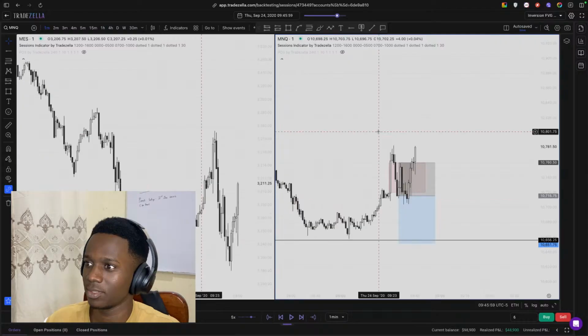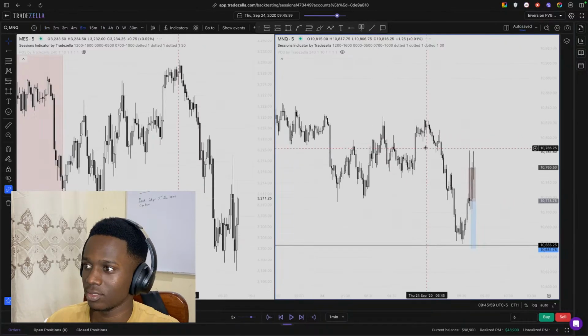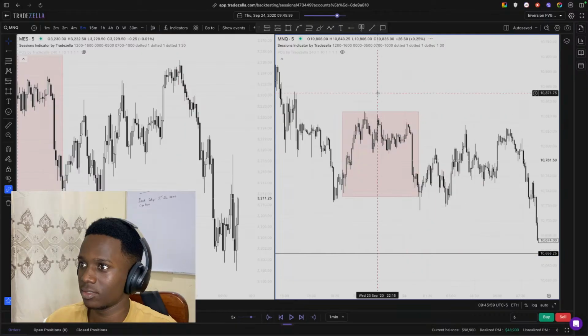Also, if price might be heading for these liquidity targets that are here. Asia high.